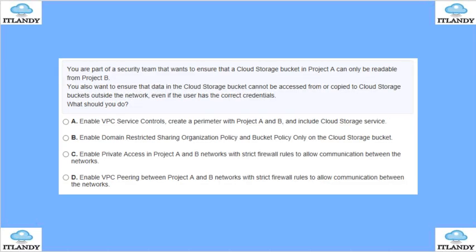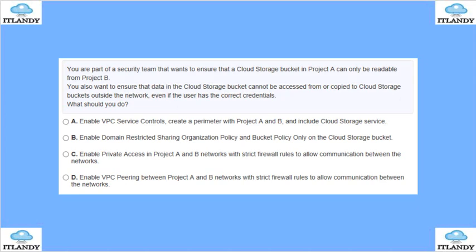Next: you are part of a security team that wants to ensure that the Cloud Storage bucket in project A can only be read by project B. You want to ensure data in the Cloud Storage bucket cannot be accessed from or copied from another network, even if the user is using the right credentials. What shall we do?